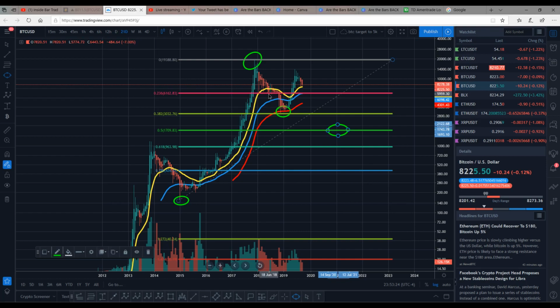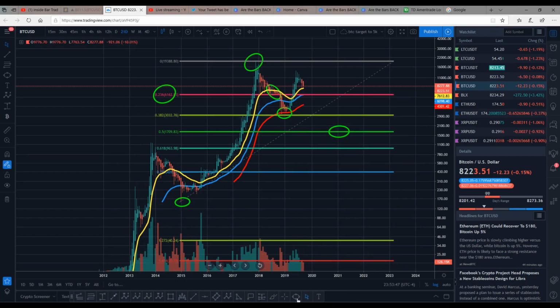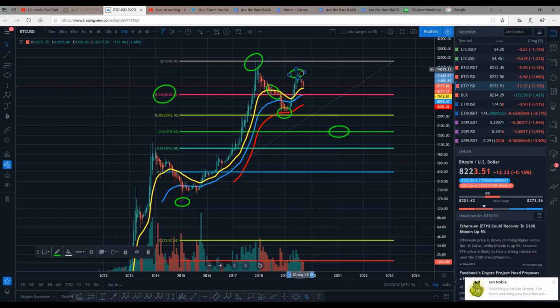We retested 382, and 236 is this line here. That's where we bottomed, right around 6K last year, 2018, and now we dropped down to 382 and pushed back up. 0.786 is 14K, a pullback all the way up to this level.